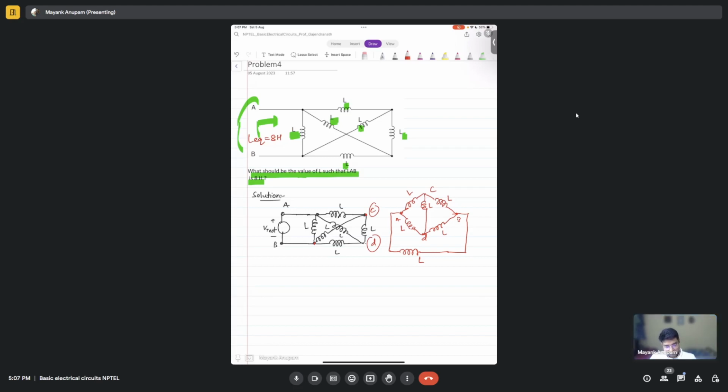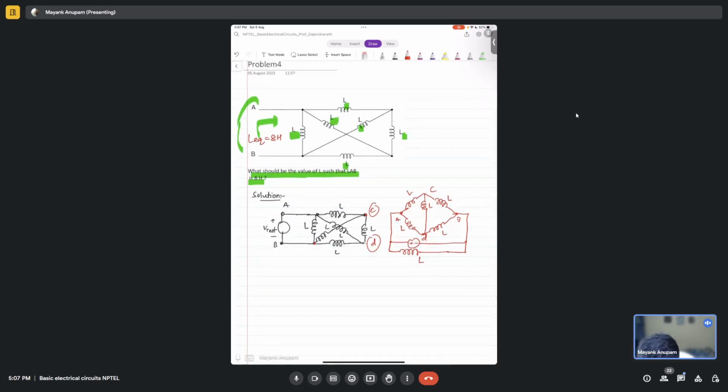Now, whatever you were saying was also fine. That was also a Wheatstone bridge, but we wanted to find between A and B, right? So we need to do this, isn't it?